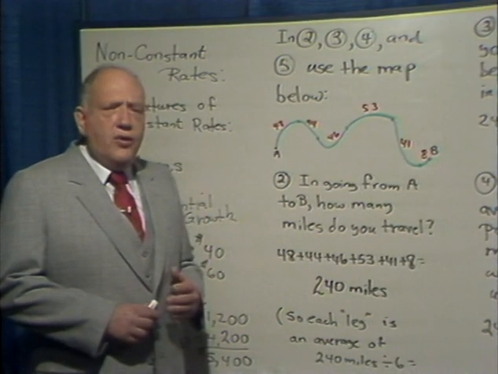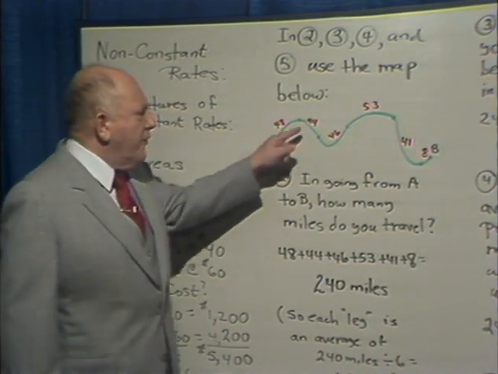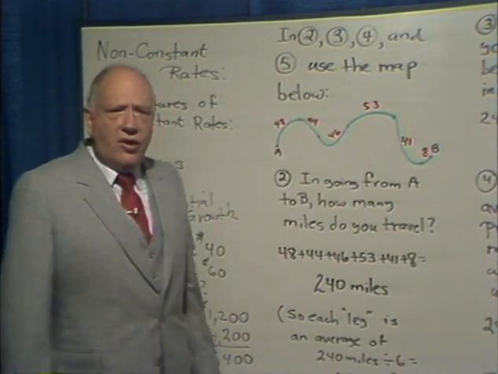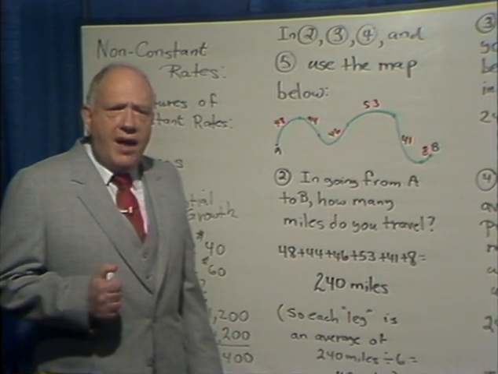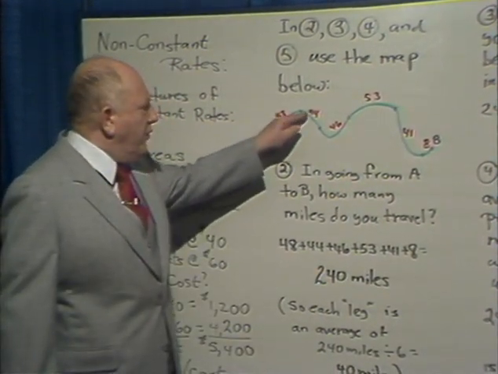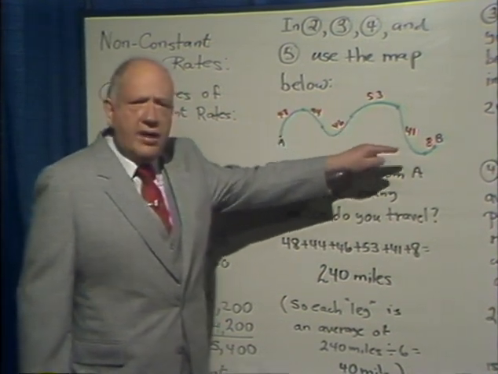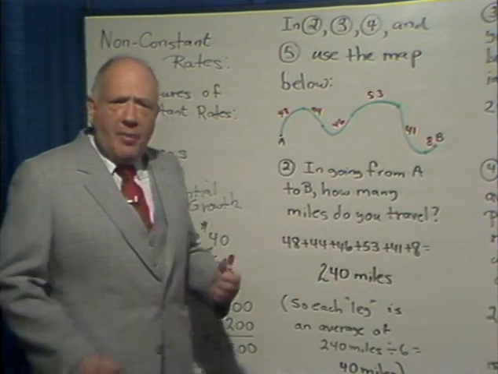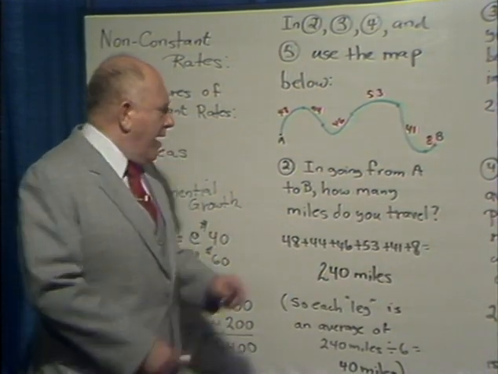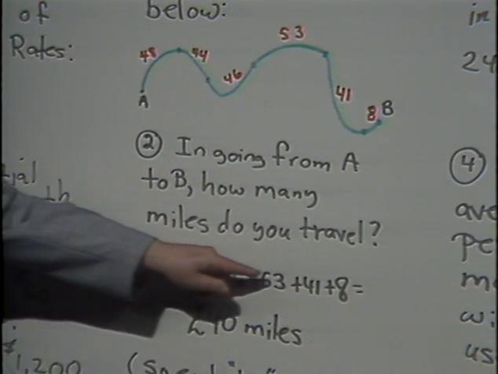And the first question I'm going to ask you is, if you followed the path from A to B, how far did you go? And notice that this is the same type of problem as saying, if you wrote checks for $48, $44, $46, $53, $41, and $8, how much money did you spend? Basically all we're going to do in getting from A to B is add up all of these numbers.